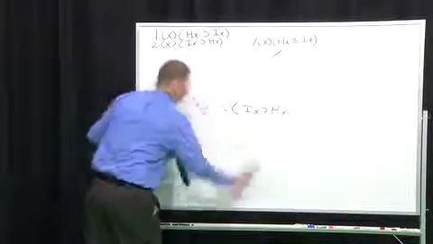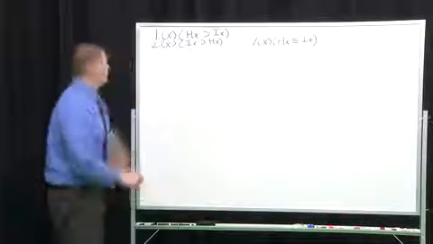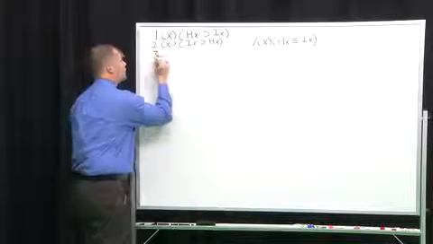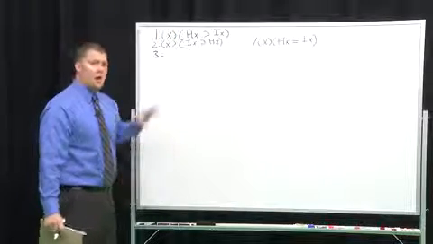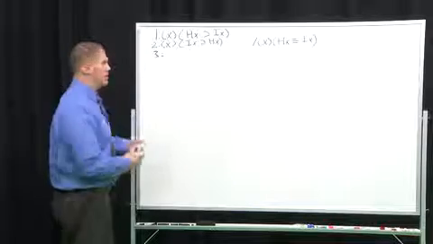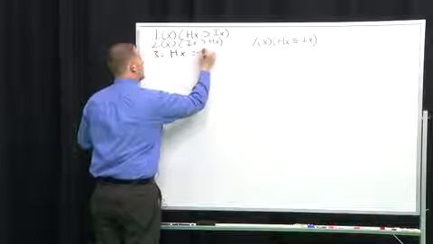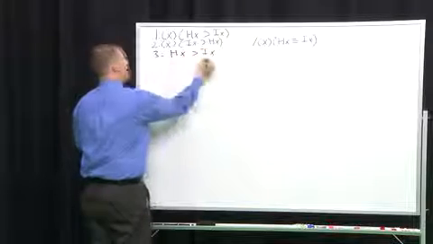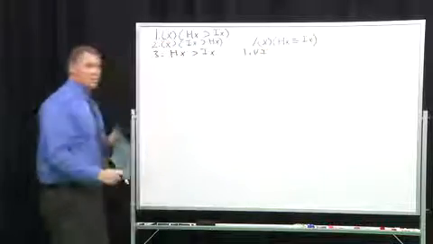So let's do this. On line 3, I'm going to remove this quantifier using my universal instantiation rule. That way I can start applying my rules of implication. So on line 3, we'll write if x is h, then x is I, and that will come from line 1, universal instantiation.